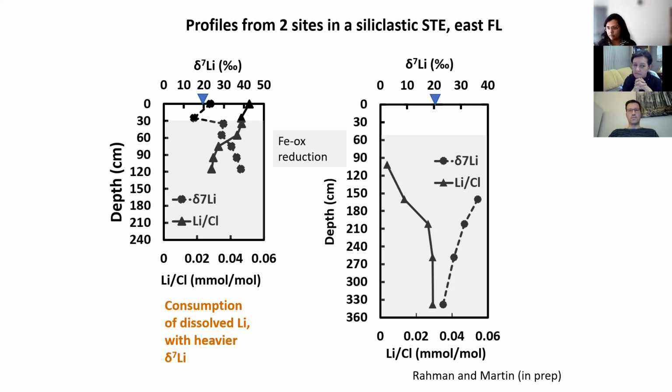I thought it would be a net release of lithium. You have consumption of lithium, and the end member leaves a little heavier than what came in. So this may be one of the missing sinks of lithium, and the net effect is different from what you see with dissolved silicon.